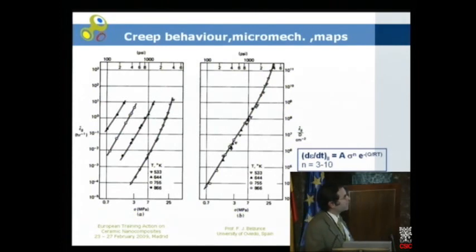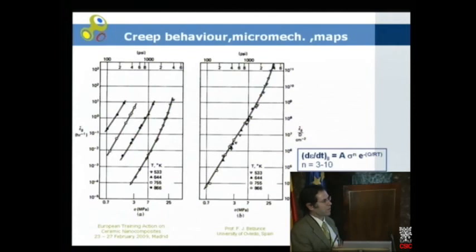So there is a very high dependency on temperature of this strain rate, which can be expressed by means of this exponential term you can see here, in which Q is a constant that is the activation energy for creep.